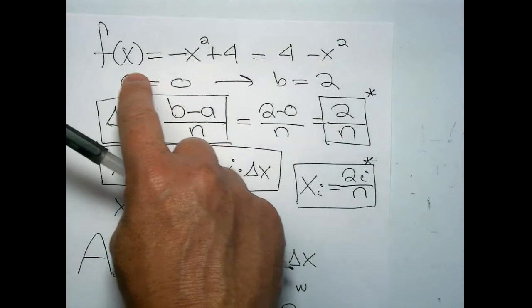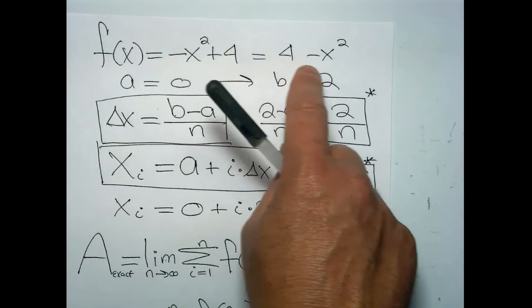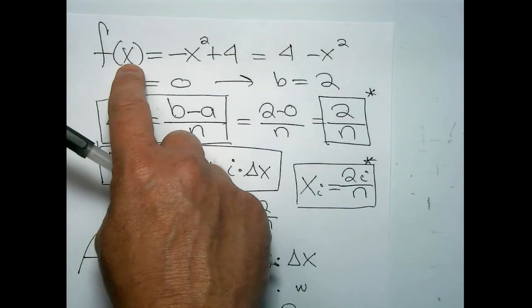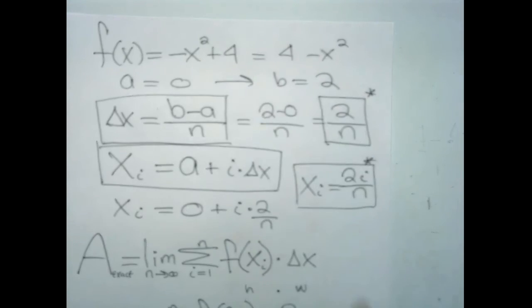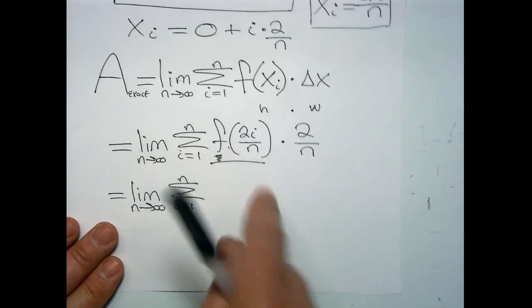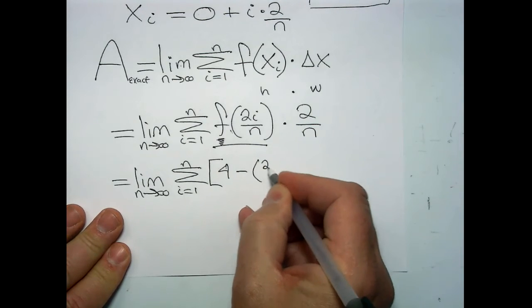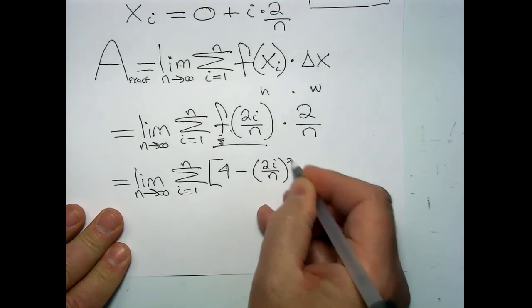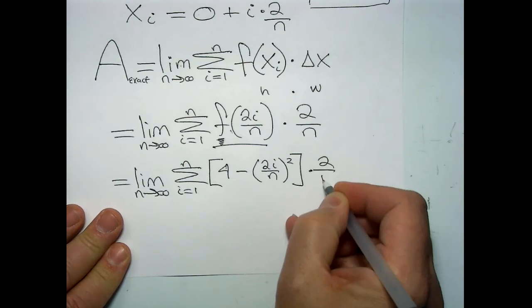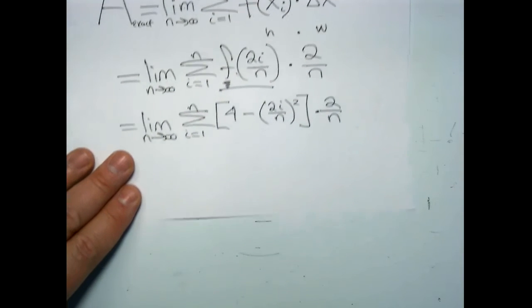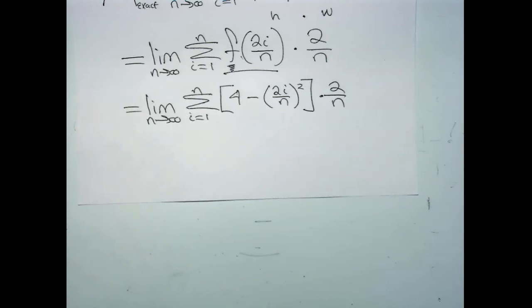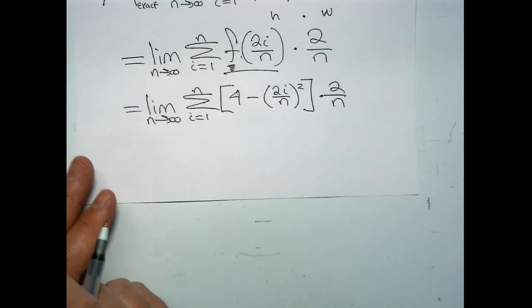If you put a 3 in here, it's going to be 4 minus 3 squared. If you put a letter a in there, it'll be 4 minus a squared. If you put one of these things in there, the result will be 4 minus input squared. That's how functions work. We replace the letter x with the contents inside the argument.